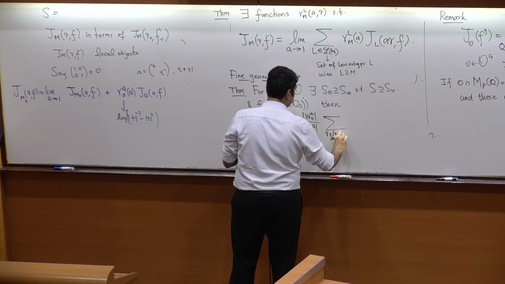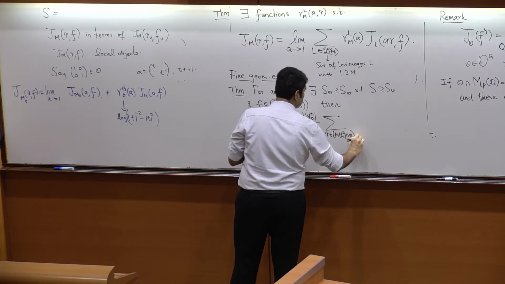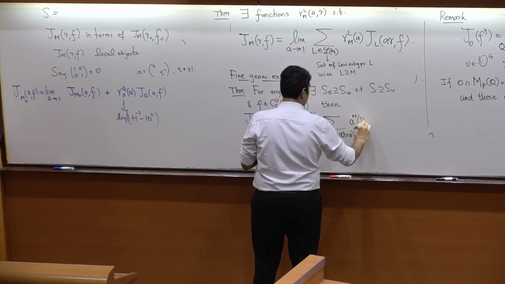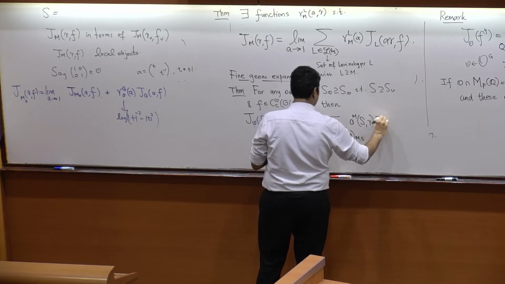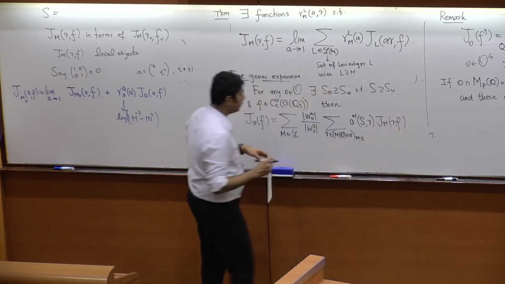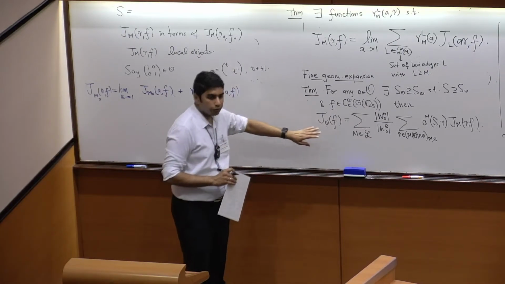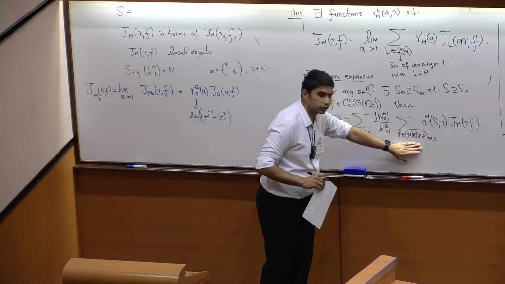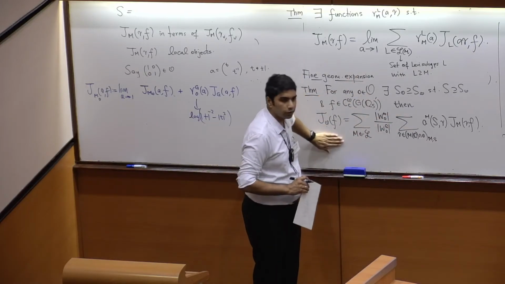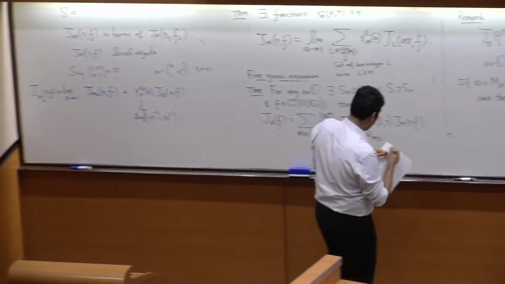I haven't defined this object yet; I will talk about it very soon. So this is the fine geometric expansion for every O. I will explain what this MS equivalence class is, and I will talk only about SL2, and we will try to compute everything explicitly for SL2 in this setting.